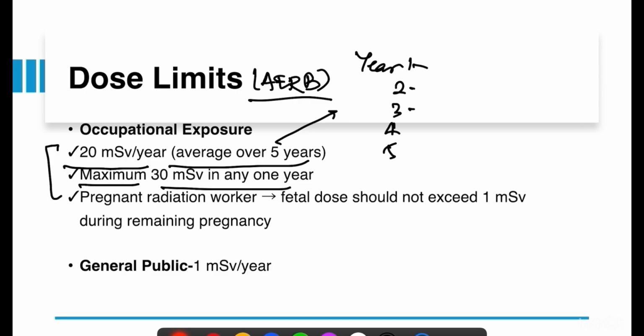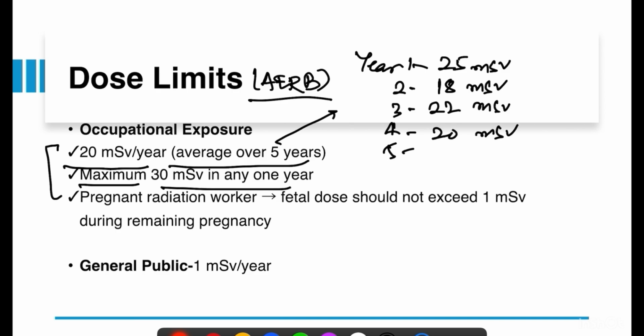So we have a worker who is exposed to radiation in year 1 by 25 millisievert, in second year 18 millisievert, in third year 22, in fourth 20, and in fifth year the worker is exposed to 15 millisievert.